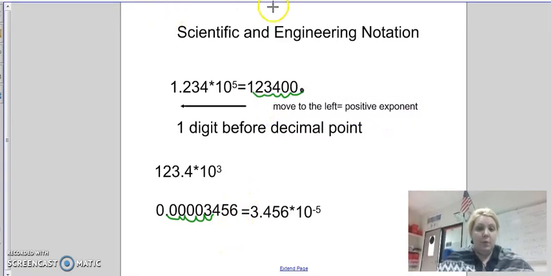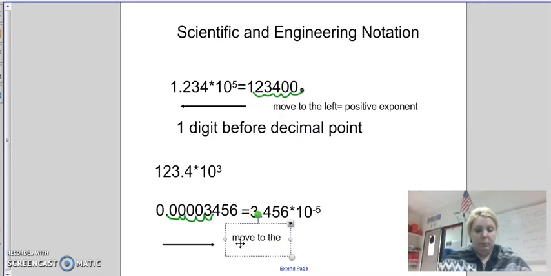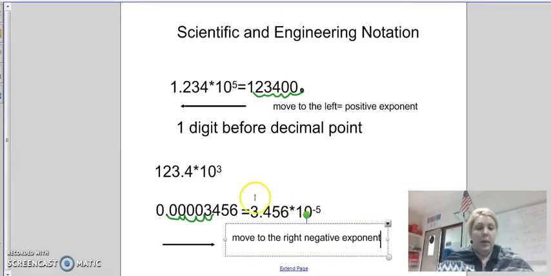Now, if you're going to move to the right, you're going to have a negative exponent. All right. So that is really all there is to know about scientific notation.